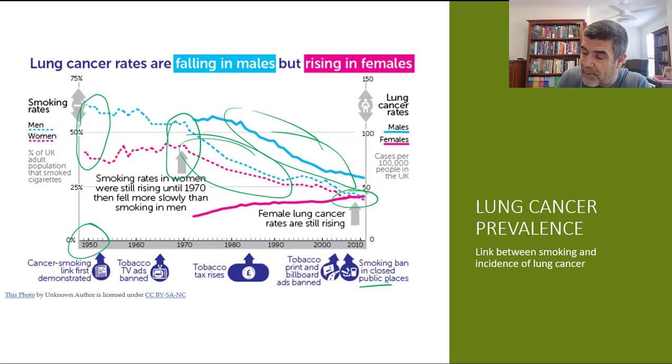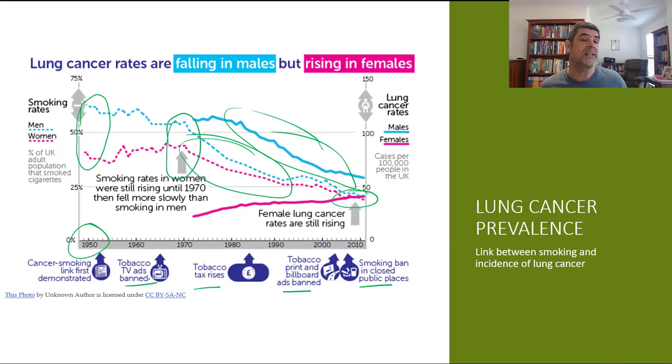So we'd want to have a look at some of the activities that occurred during these different times, to see when ads were banned, when taxes were increased, when billboards were changed, when smoking bans were occurring in all sorts of different places, to see what different impacts each of these intervention strategies had. And that's what an intervention strategy is about. It's about making some sort of change or taking some sort of action and then trying to measure the actual impact of that change.